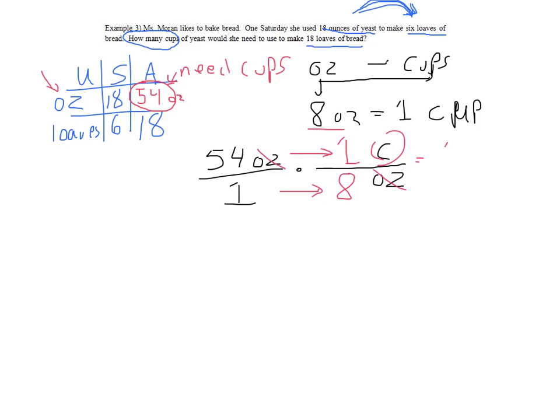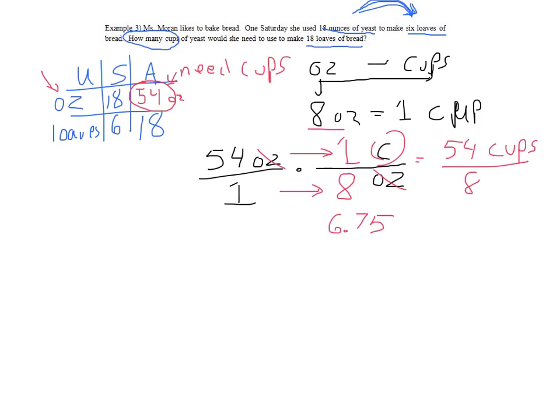Okay, so 54, and then cups is still left here in the numerator. 1 times 8, no units, would be 8. And then if you divide 54 divided by 8, you get 6.75. And let's write it out kind of in words.